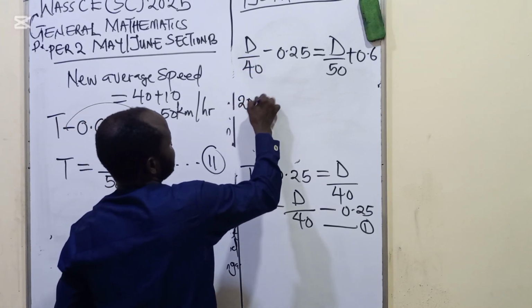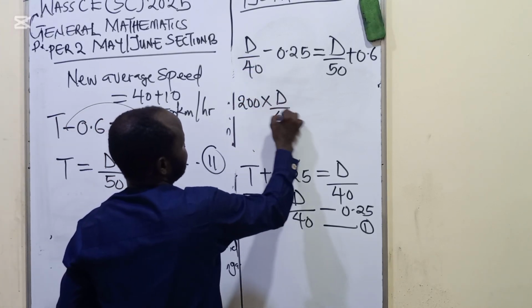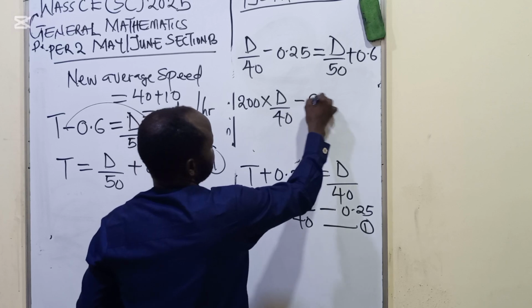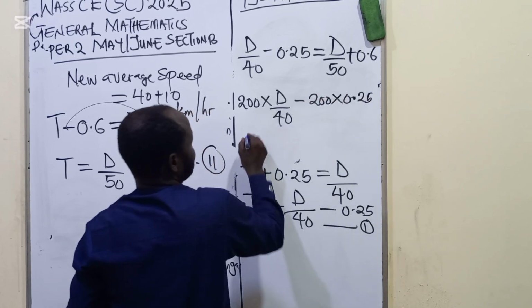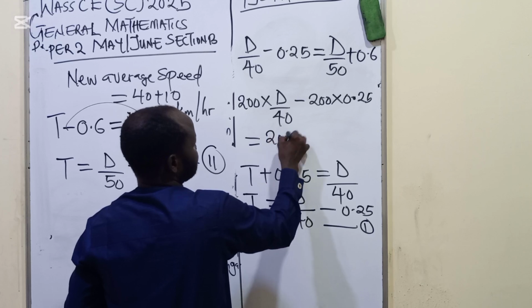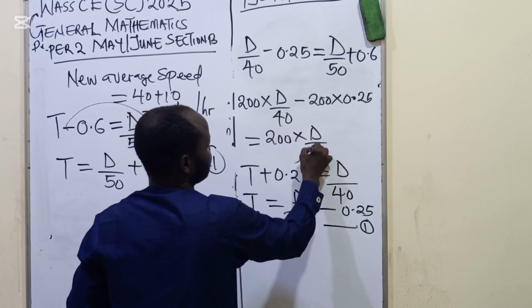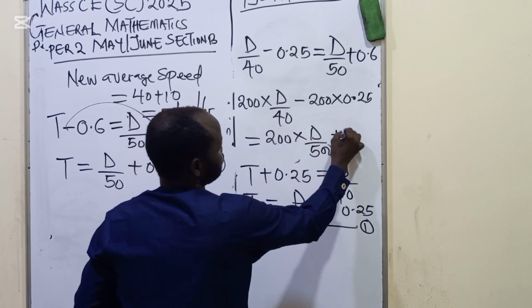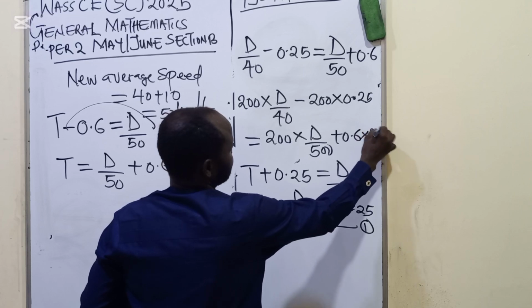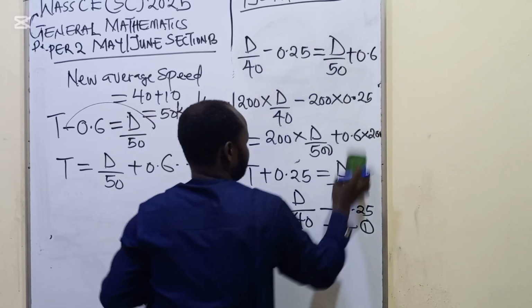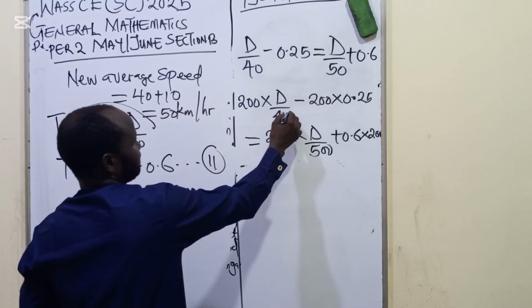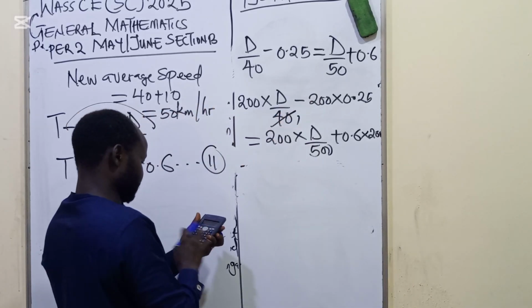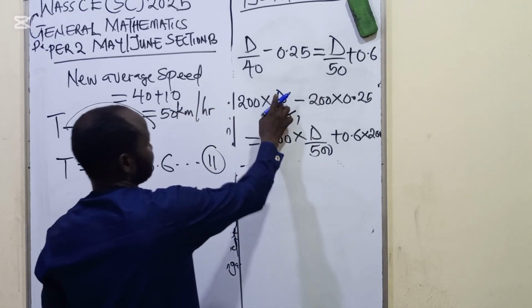That will be 200 times the distance d divided by 40 minus 200 times 0.25 will now be equal to 200 times the distance d divided by 50 plus 0.6 times 200. That's the LCM now. Very important. Okay. So let's clear the fraction. 40 here, 1. 200 divided by 40, that will be 5 times d.